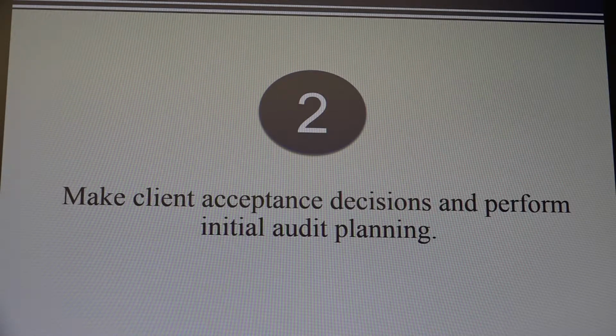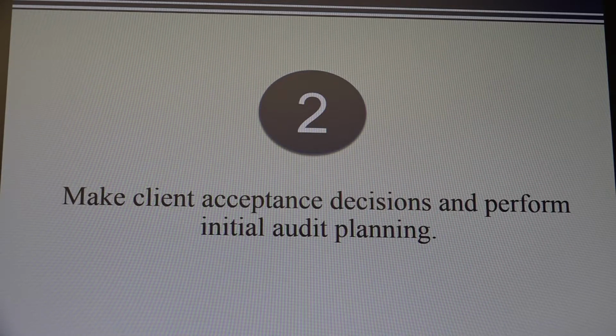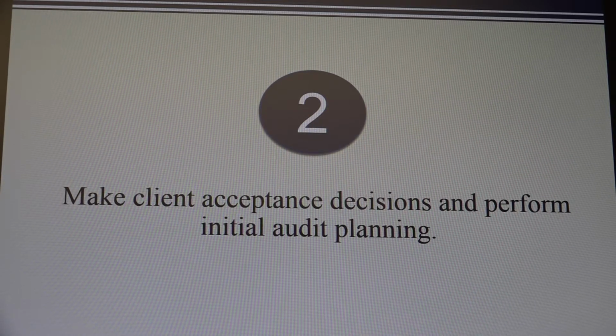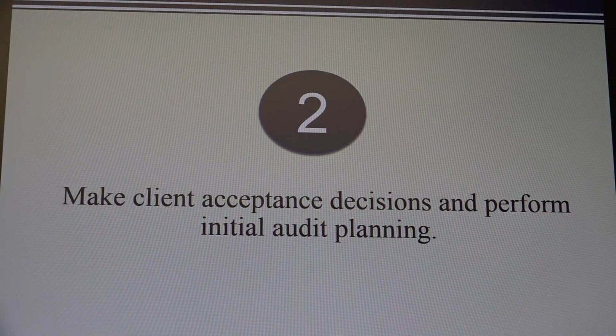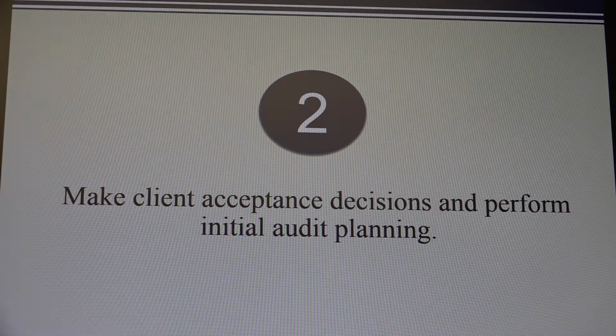And so the first part, if you look again at figure 8-1, of planning this audit program and designing an audit approach is determining whether or not to accept the client and then perform initial audit planning.